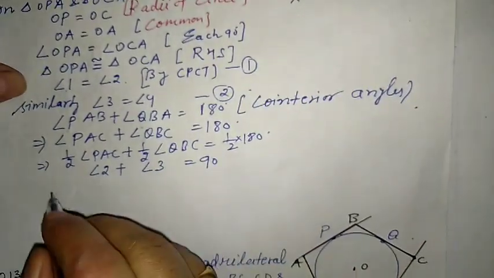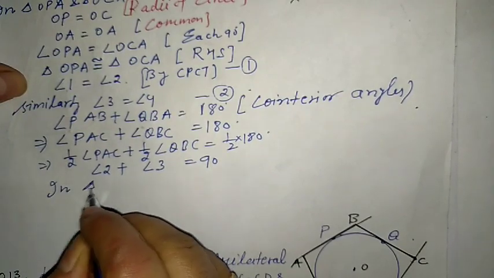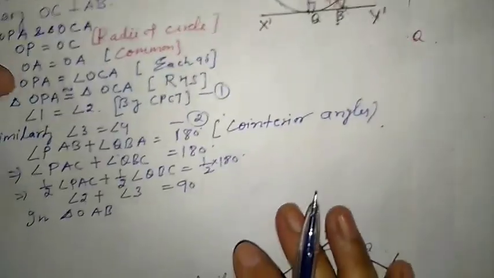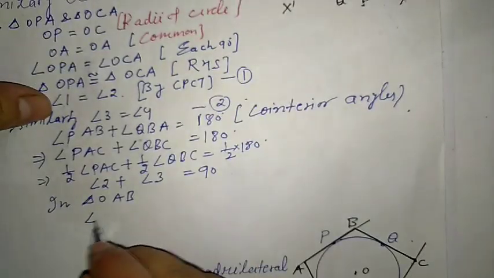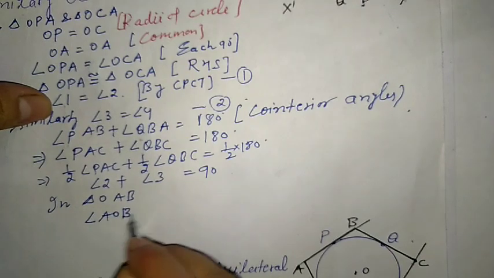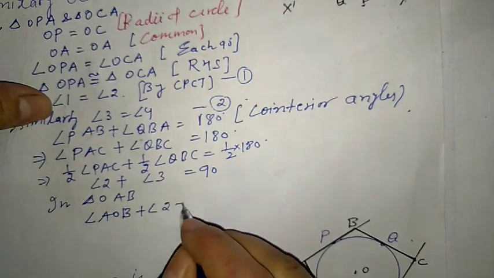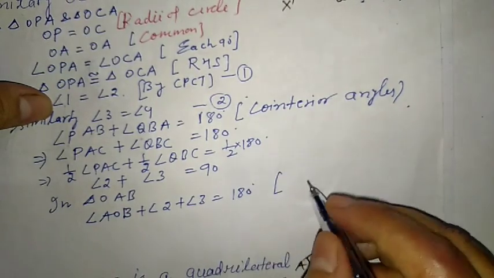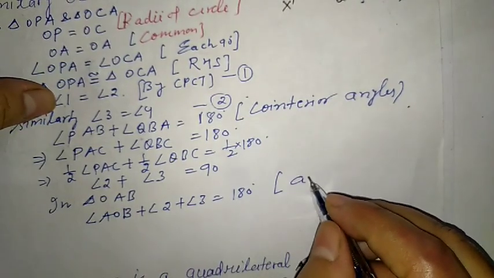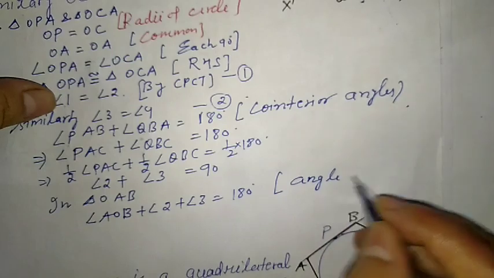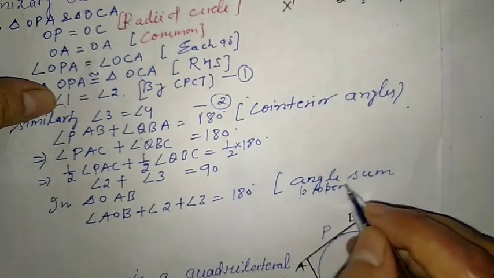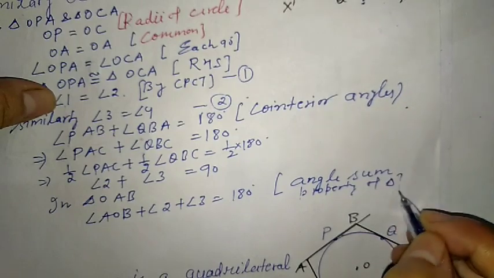Now in triangle OAB, we can apply the angle sum property. Angle AOB plus angle 2 plus angle 3 is equal to 180 degrees, by the angle sum property of a triangle.